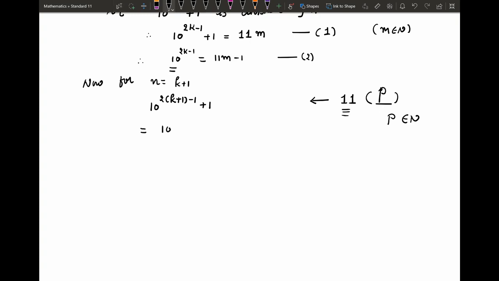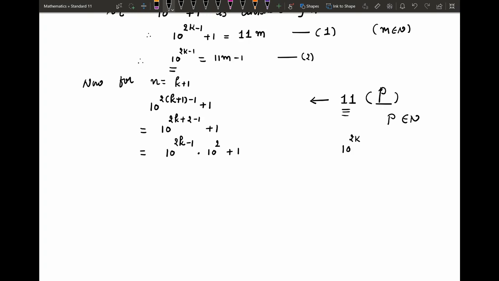So this can be written as 10 raised to 2k plus 2 minus 1 plus 1. It is just simplification. So this is 10 raised to 2k minus 1 into 10 square plus 1. So you check this one, first we replace n by k plus 1, so 10 raised to 2 into k plus 1 minus 1.